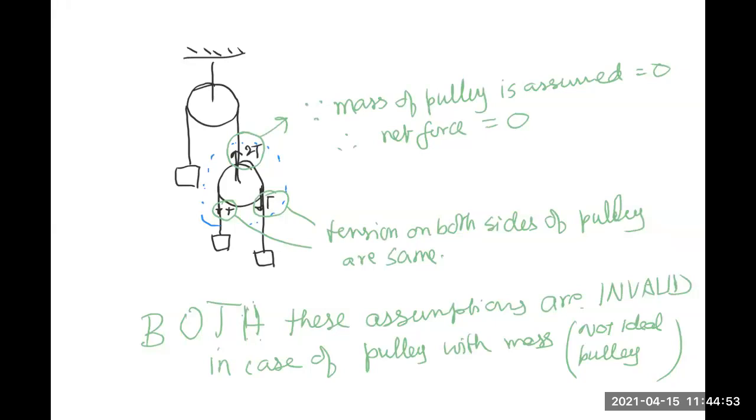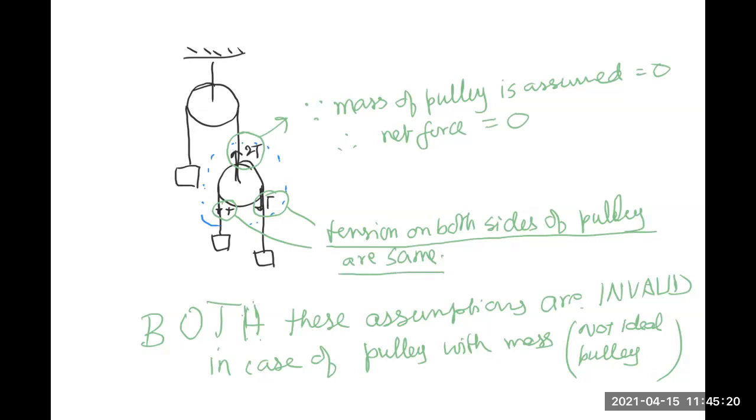But the moment I write M next to a pulley, the moment the question mentions the pulley has mass or the pulley has moment of inertia, that's it. Both these statements now become invalid. This means that tension on both sides of the pulley will not be the same.